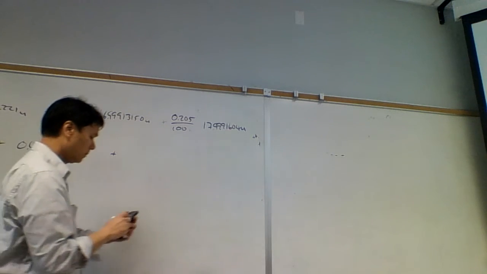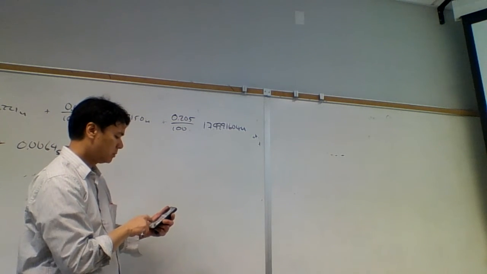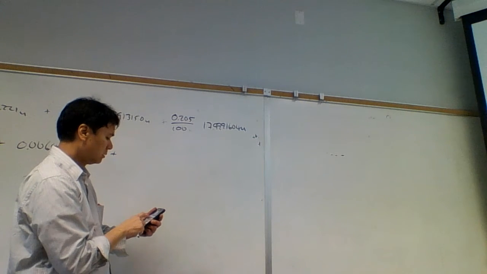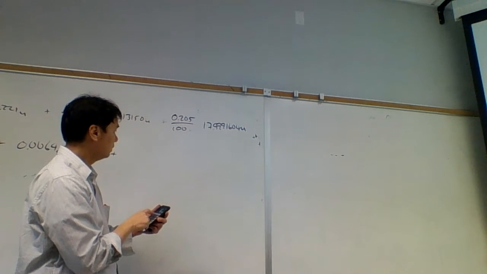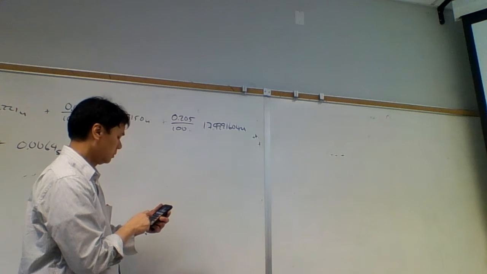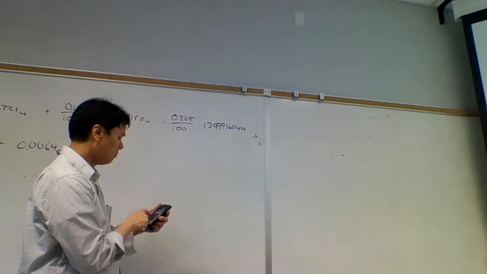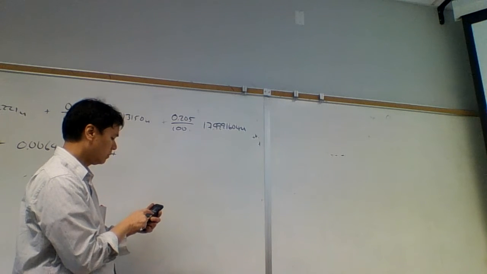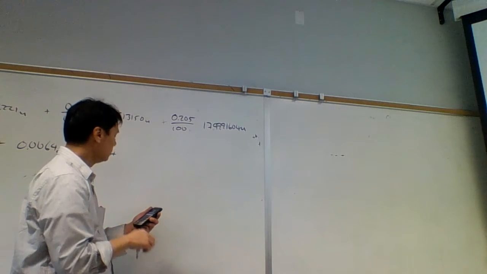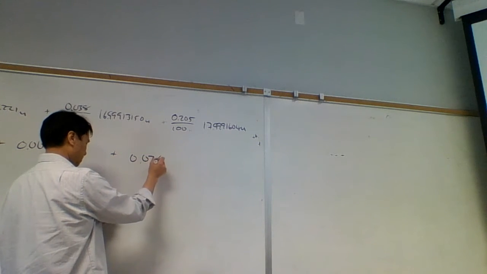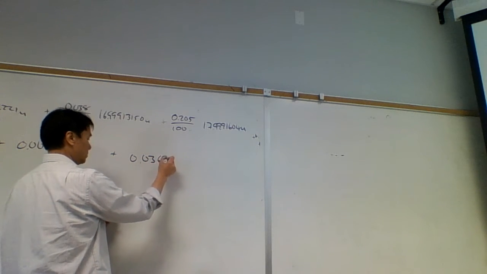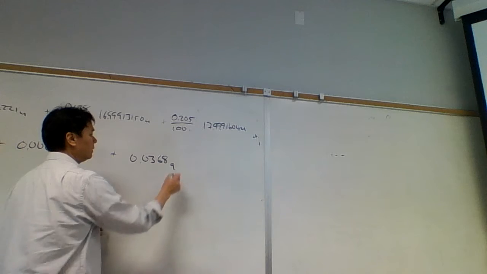Plus, okay, now go over here. I got 0.205 times 17.9991604 divided by 100. And how many sig figs am I allowed here? 3. So let's carry 1 extra, which is the 9.